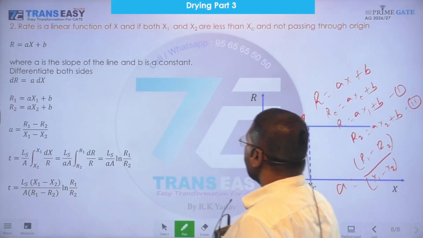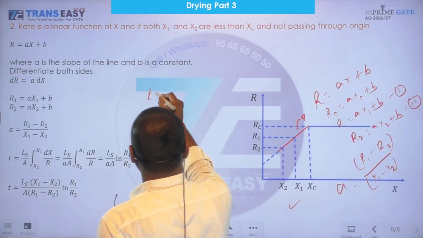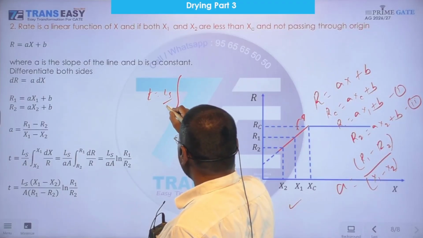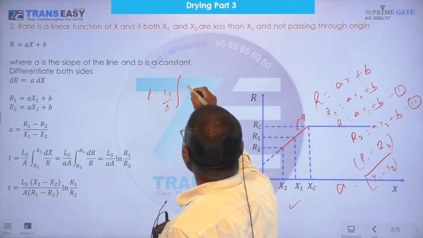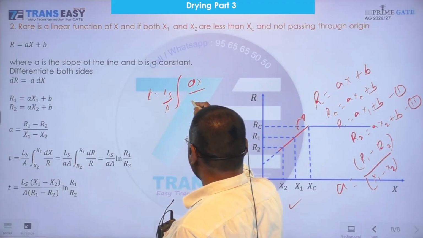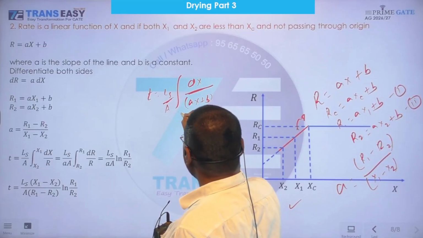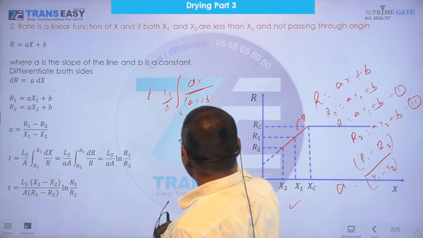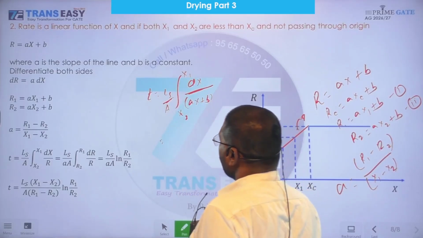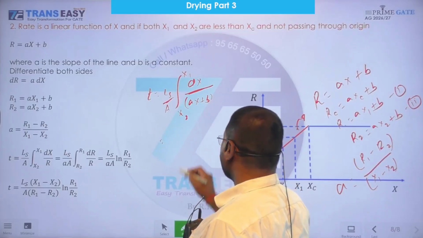So in this situation, drying time equals Ls upon A, integral of dx upon R, where R means a x plus b, from x2 to x1, with a minus that makes this an interchange of limits.